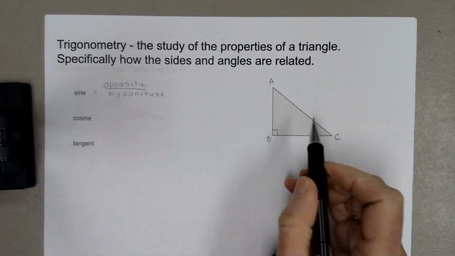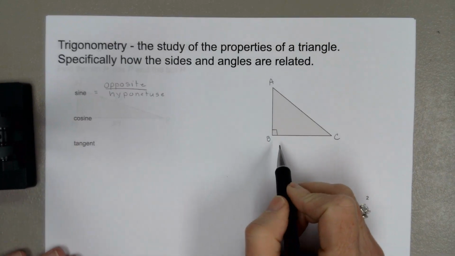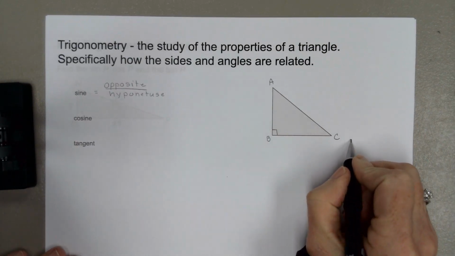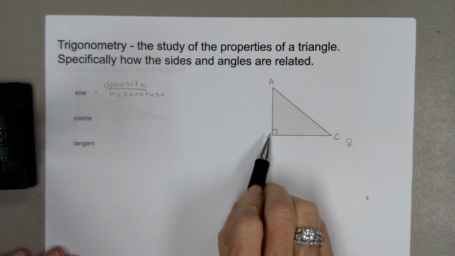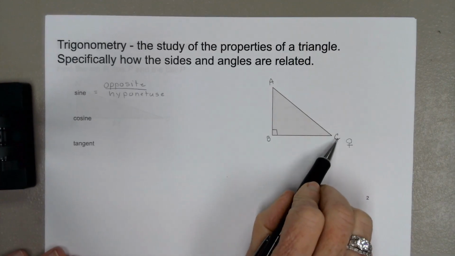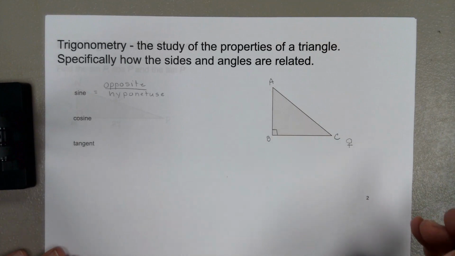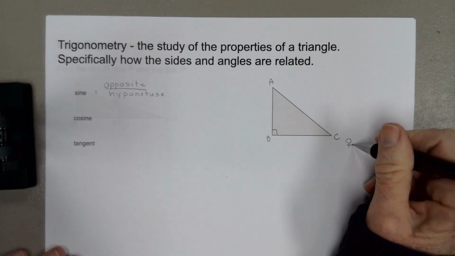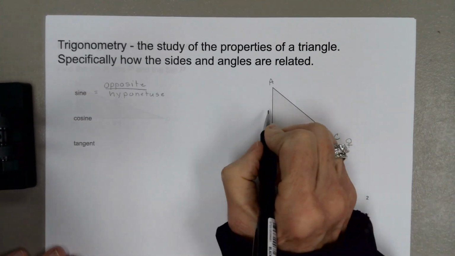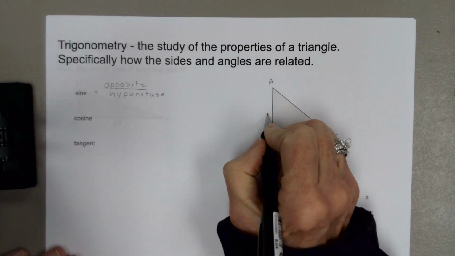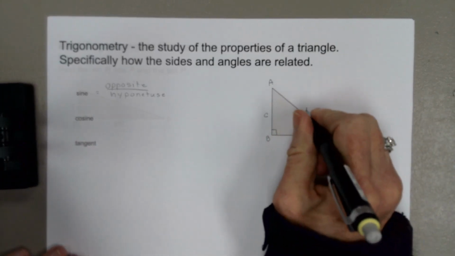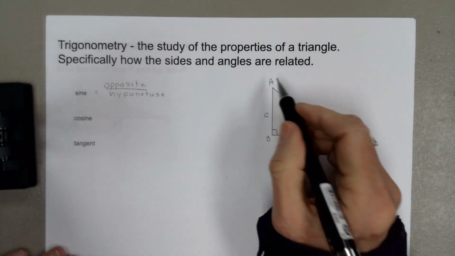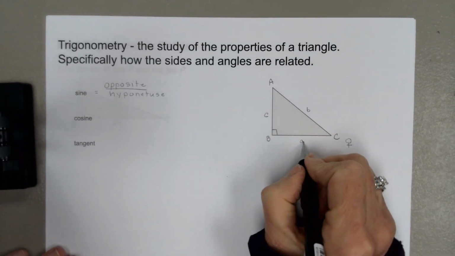In this triangle, and you're always using right triangles here, let's say I'm standing right here at C. You're never going to be standing at the right angle, so you could be standing at either of the acute angles. If I'm standing here, the side opposite angle C is little c, the side opposite angle B is little b, and the side opposite angle A is little a.